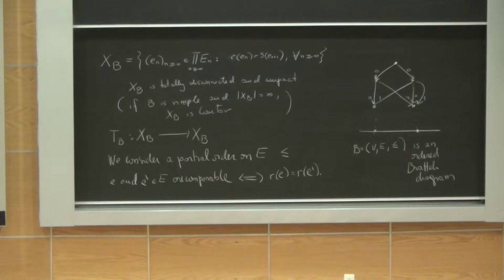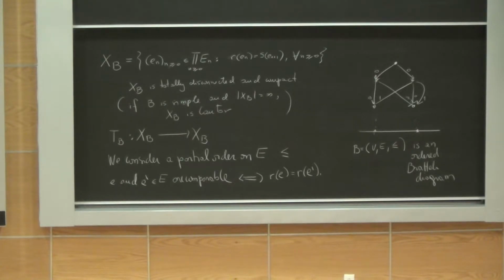So if we define X min as the set of minimal paths, this is always non-empty. The same for the maximal paths, X max. This is always non-empty.